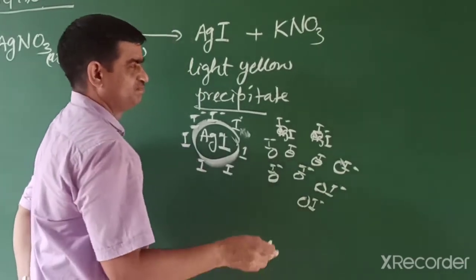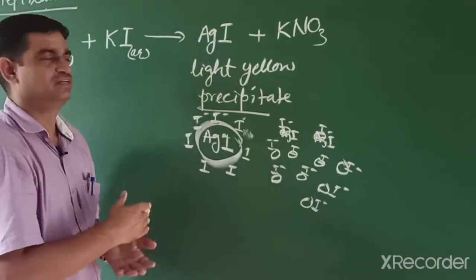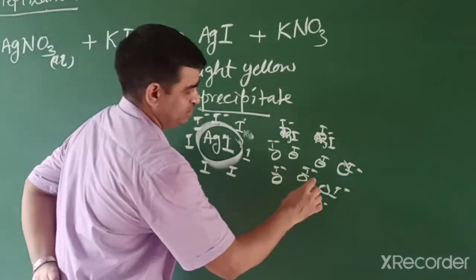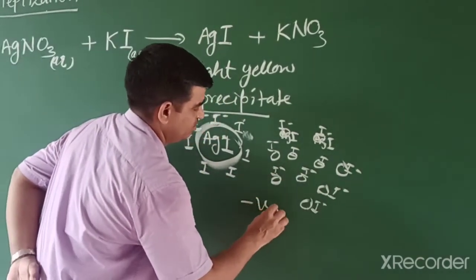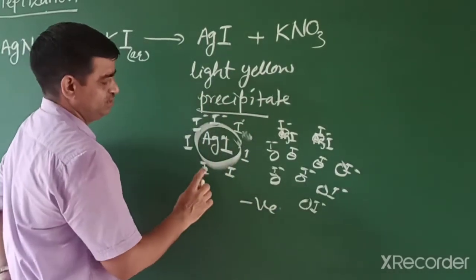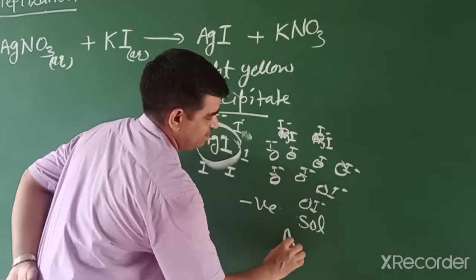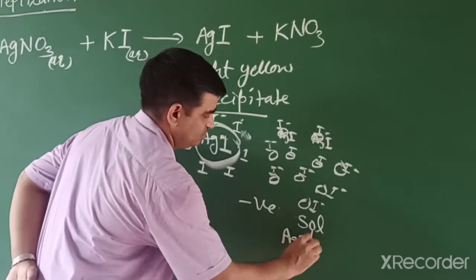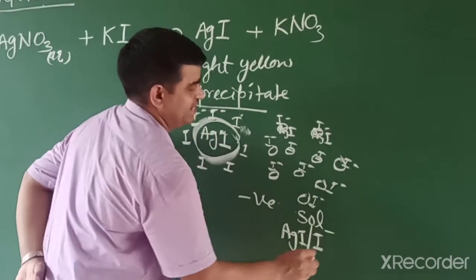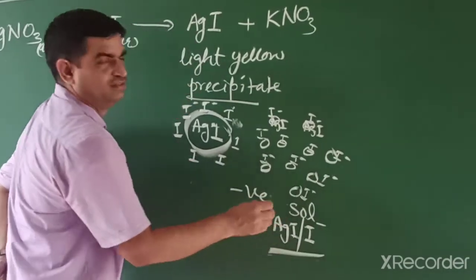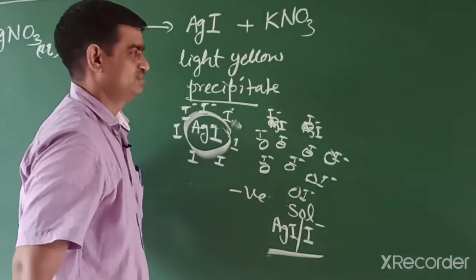It depends on which chemical is mixed into which solution. So this is a negative sol, because iodide adsorbs on the silver iodide precipitate, and this one is the sol. We can represent it like this: AgI and I minus.